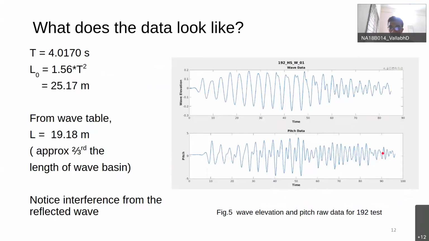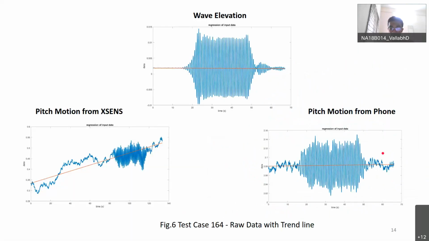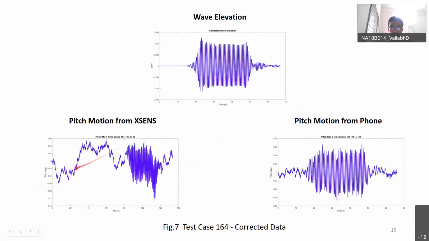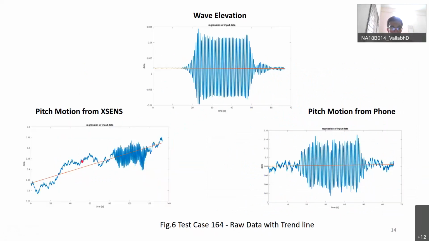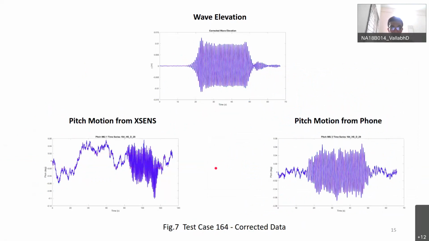This is the original data, and you can see the trend line in orange, and after removing the trend line we see the difference. For the pitch you can notice clearly it was trending upwards, and now it is meaned out.